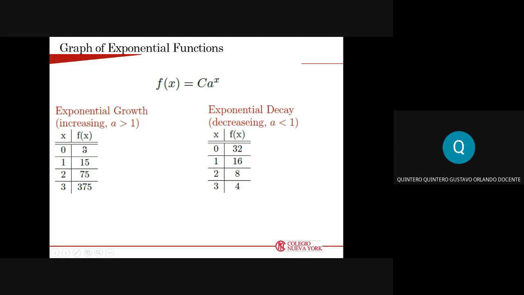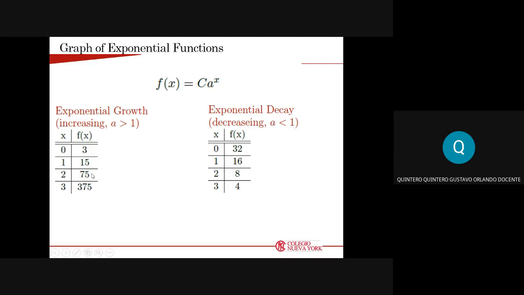Growth means the values of the results are going to be increasing. Look at this. When x equals 0, the function equals 3. When x equals 1, the function equals 15. Look at this. The function just increased. It went up. The value is bigger. Same with x equals 2. The value is even bigger. It's 75.